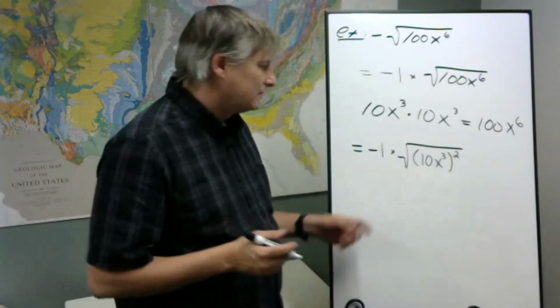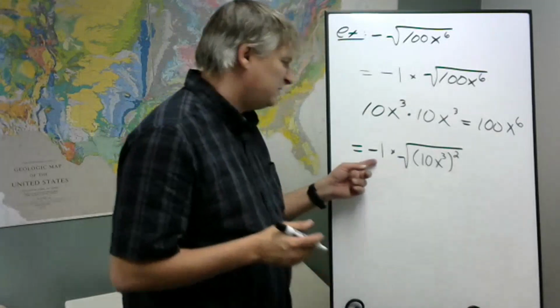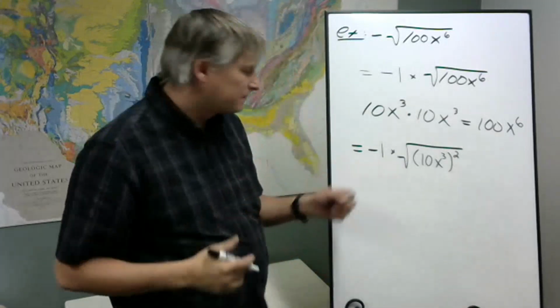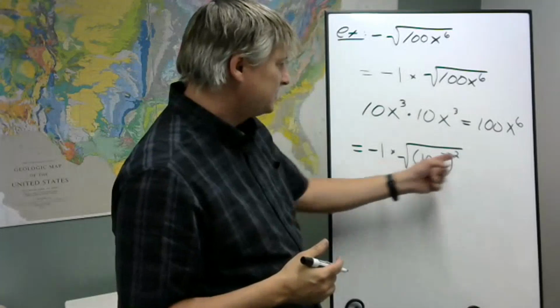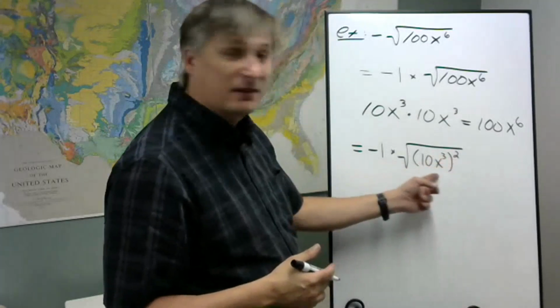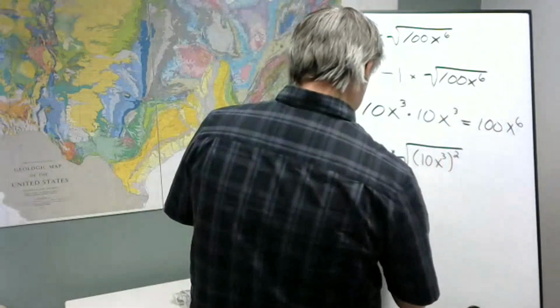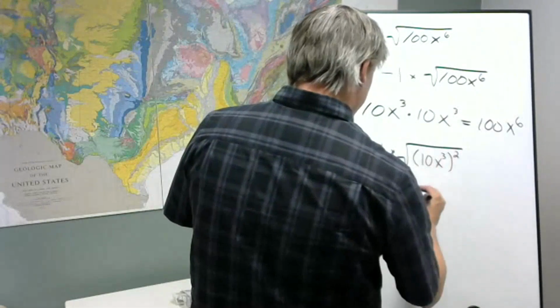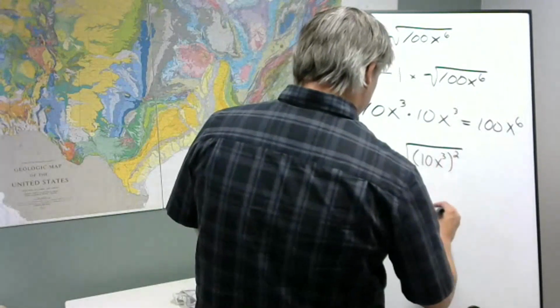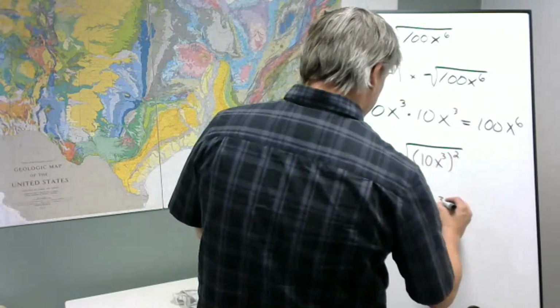And so that means the positive square root, as we pulled away that negative, of something squared is whatever's on the inside with the absolute value. We get -1 times the absolute value of 10x cubed.